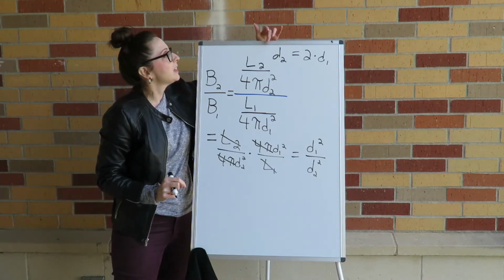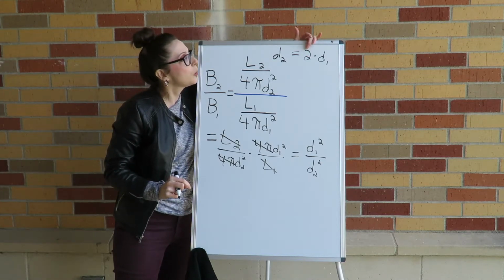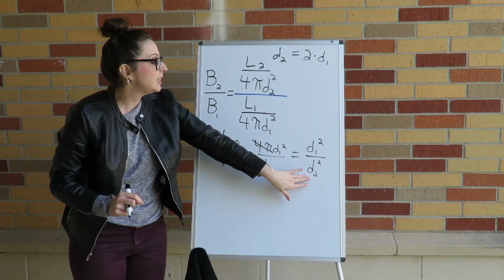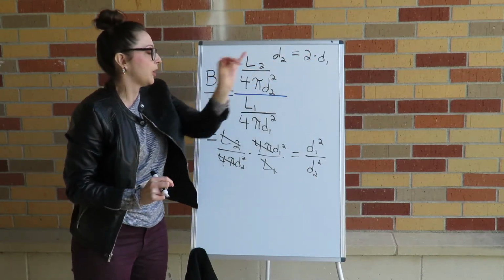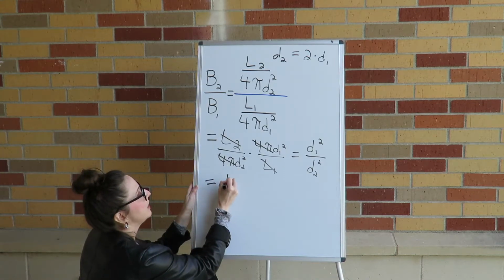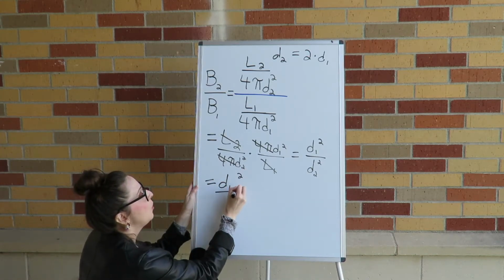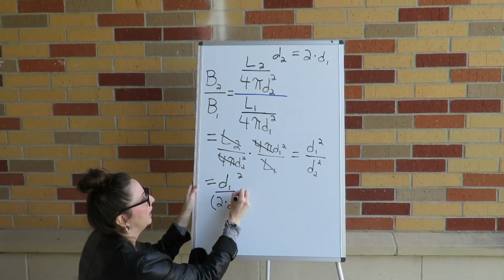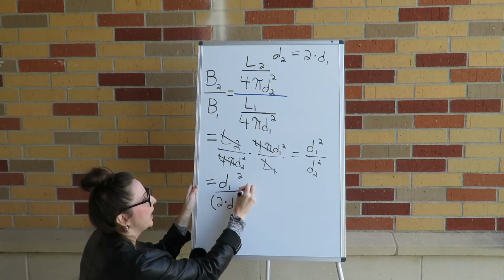Now remember that I said that the distance to star 2 is twice the distance to star 1. So I can replace d2 with this expression right here. So this is equal to d1 squared over 2 times d1, that entire piece squared.